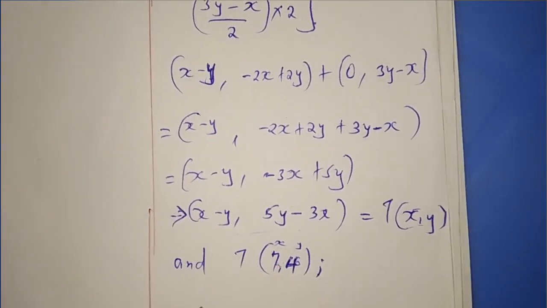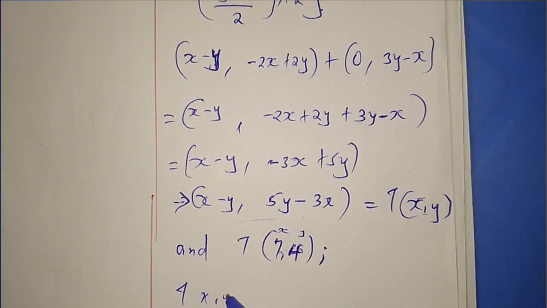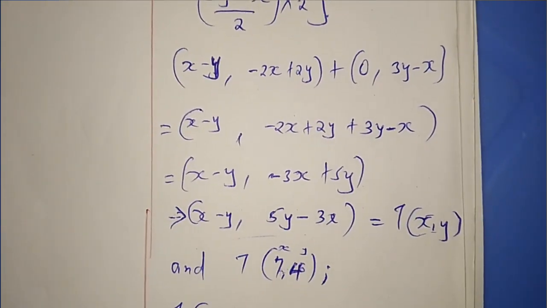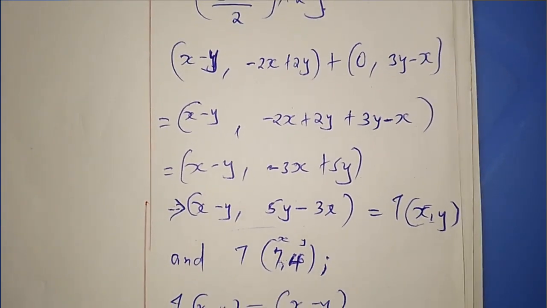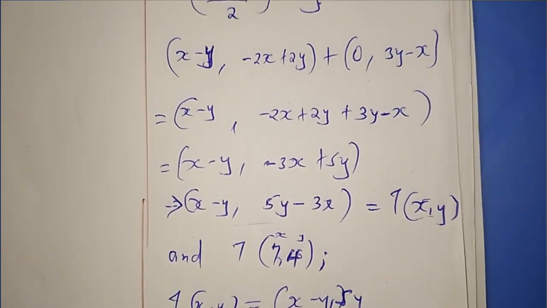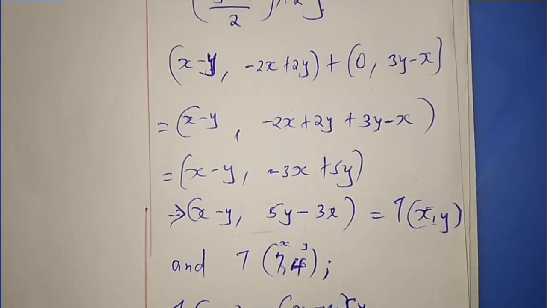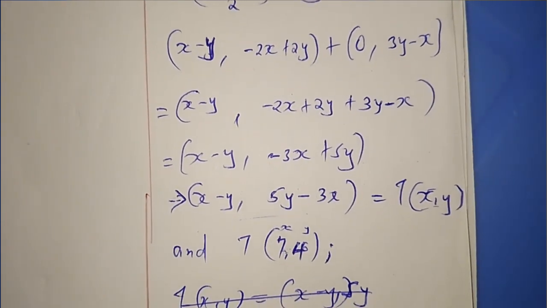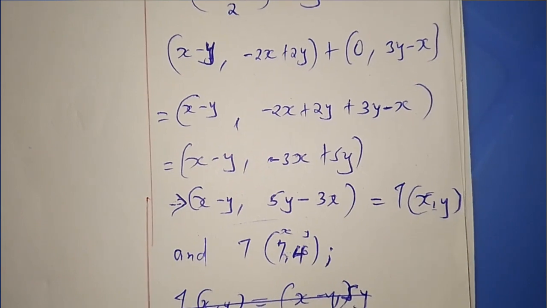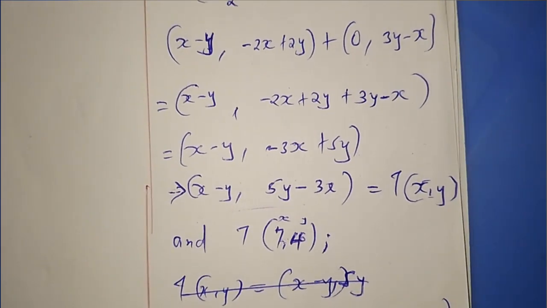So we start. T(x, y) is equal to (x − y, 5y − 3x).